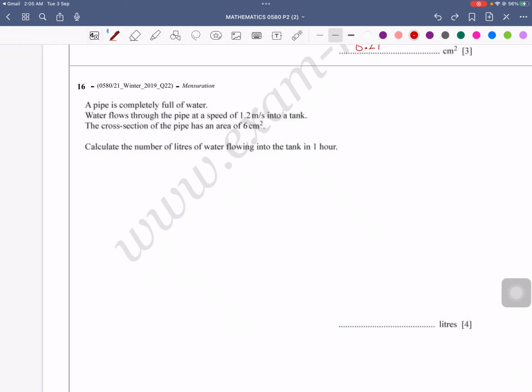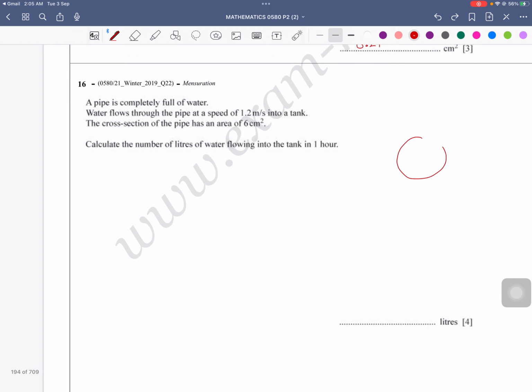Let's try to break it down. So this is a circle, and this is a pipe, and this is basically a cross-sectional view of the pipe. This is 6 centimeters squared, the area. So this is the amount of water that can actually go through it.